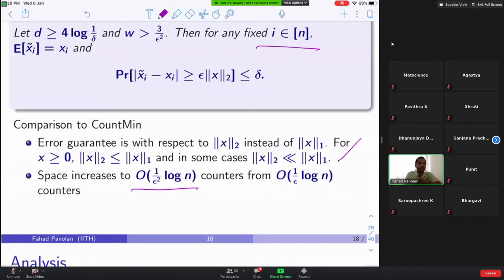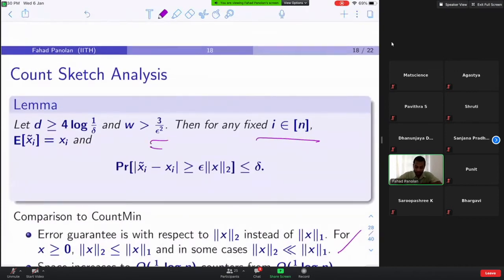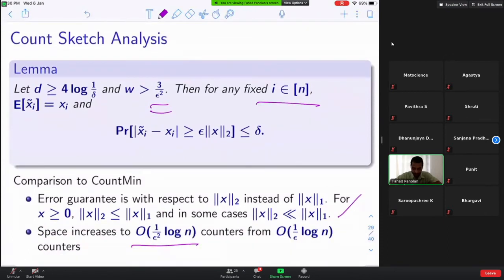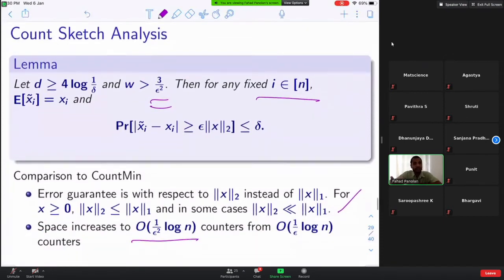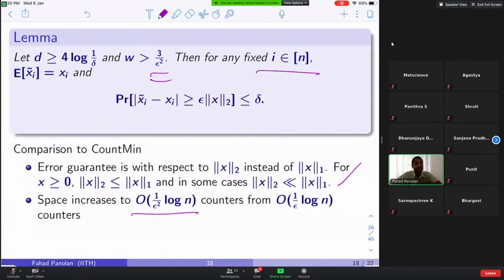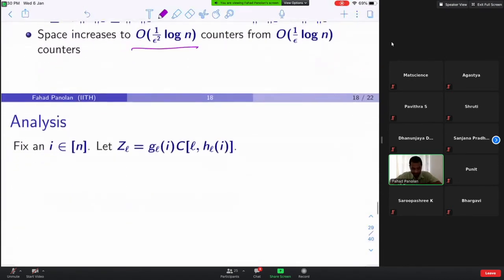Essentially, in the case of count min, the number of counters was 1 by epsilon times log n, and in count sketch that increases by a factor of 1 by epsilon more. That is the notable difference, and because of that you get some advantage in terms of the approximation factor.